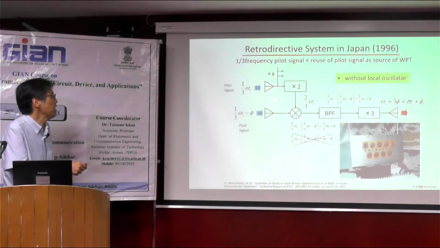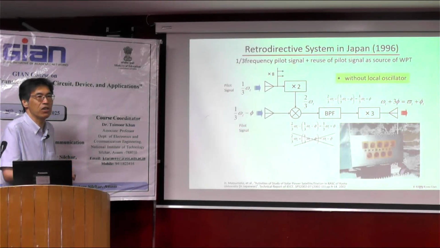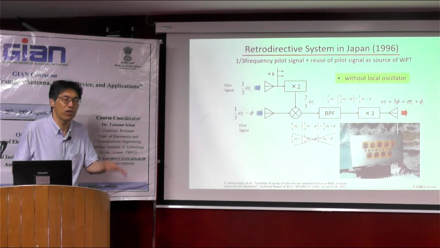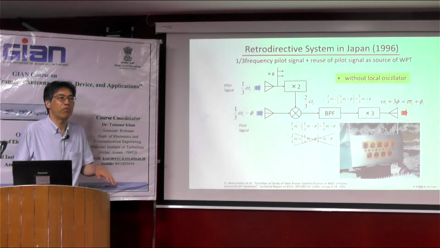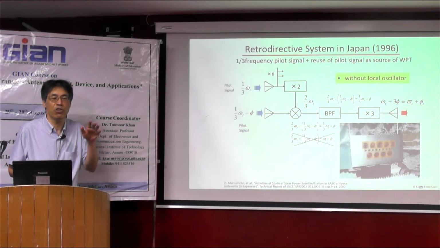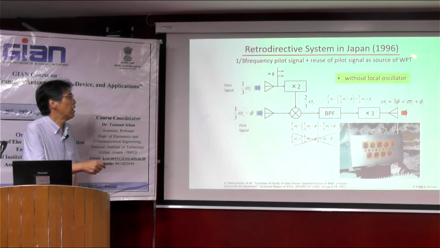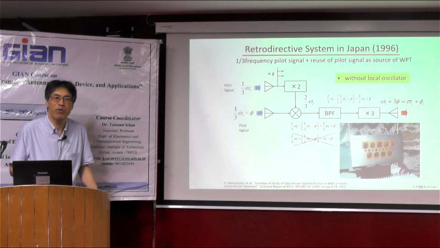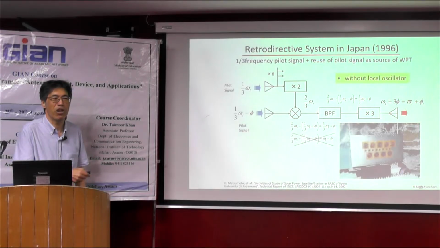In this case, we use the pilot signal as a local signal. So we can suppress both interference to the weak signal and the frequency fluctuation in the independent signal source. When I started my research life as an assistant professor, I developed it with the help of Japanese companies.